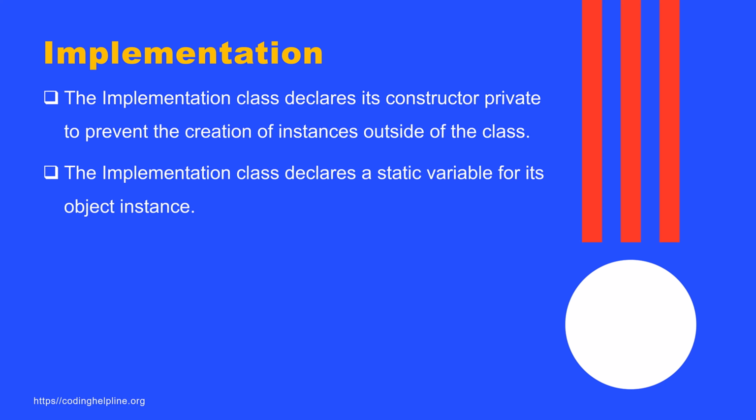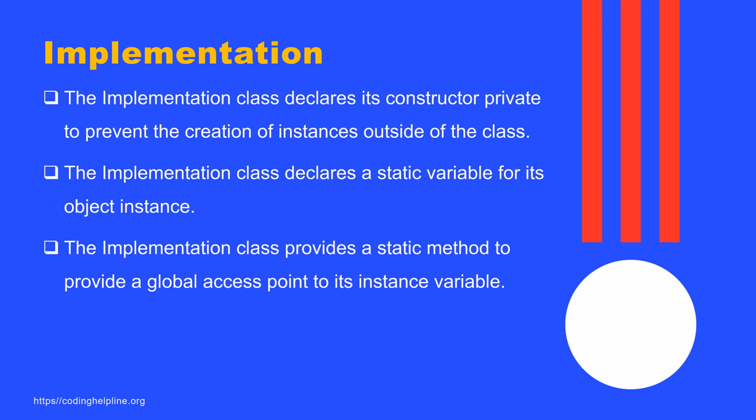This static variable will store the instance of the class created by itself through the usage of a method. The implementation class provides the static method to provide a global access point to its instance variable that stores the single instance of the class and that stays single instance throughout the application.